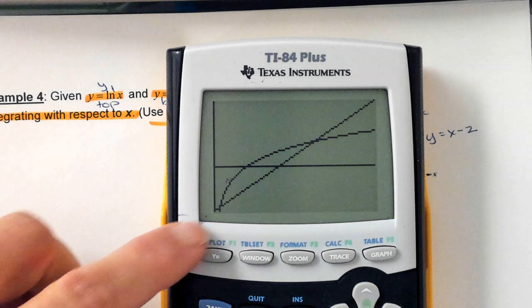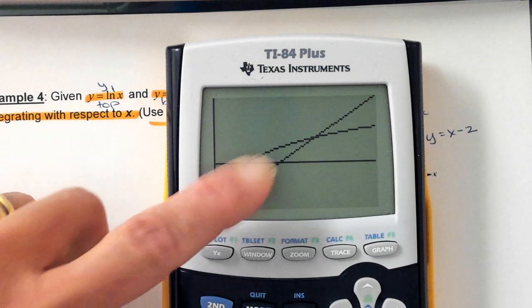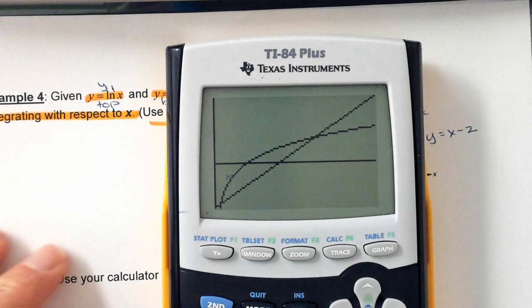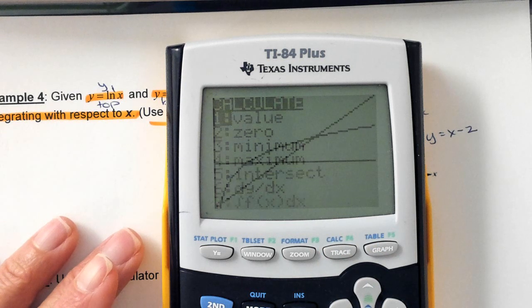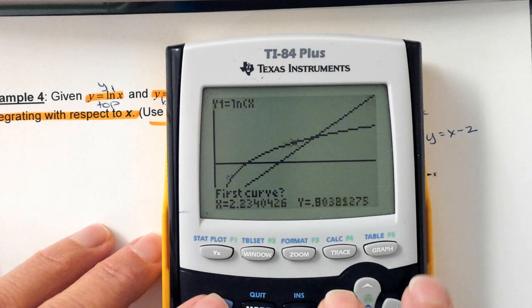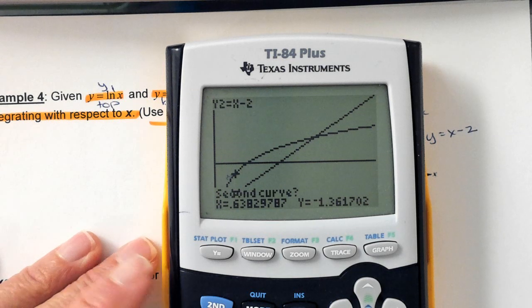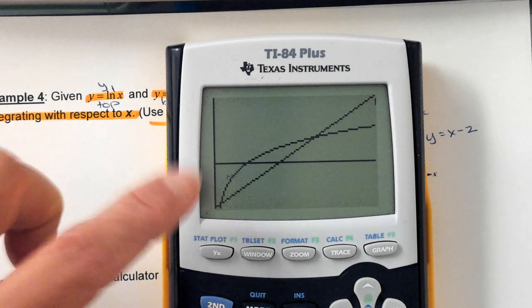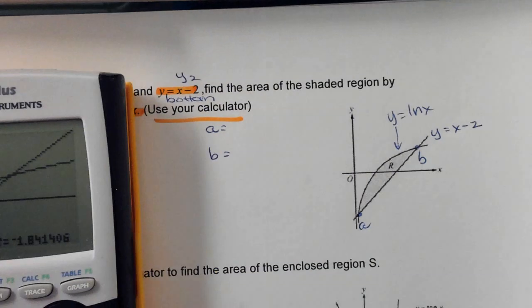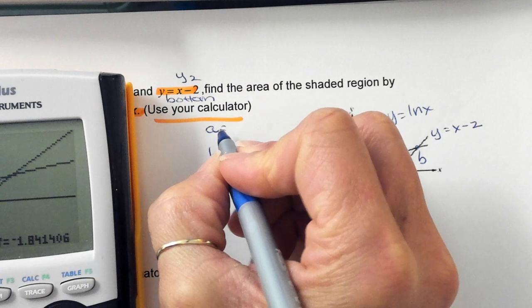Okay, so we're looking for our point of intersection here, A, and our point of intersection here, B. So we're going to calculate the point of intersection, and I'm going to get close over here. Press enter. It jumped to the second one. I'm close enough to it. So this is 0.1585.